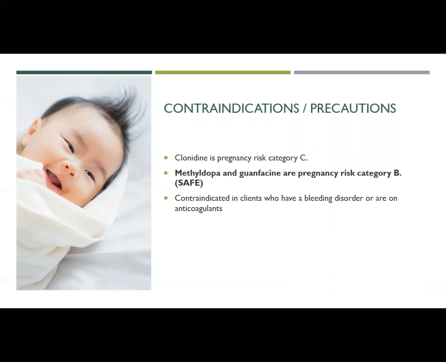So you just want to keep note of which drugs I can give to a mother, and this is one of those drugs that's okay. The way I personally remember is M for mom. So methyldopa is safe for our pregnant patients. It is contraindicated in clients who have a bleeding disorder or who are on anticoagulants.